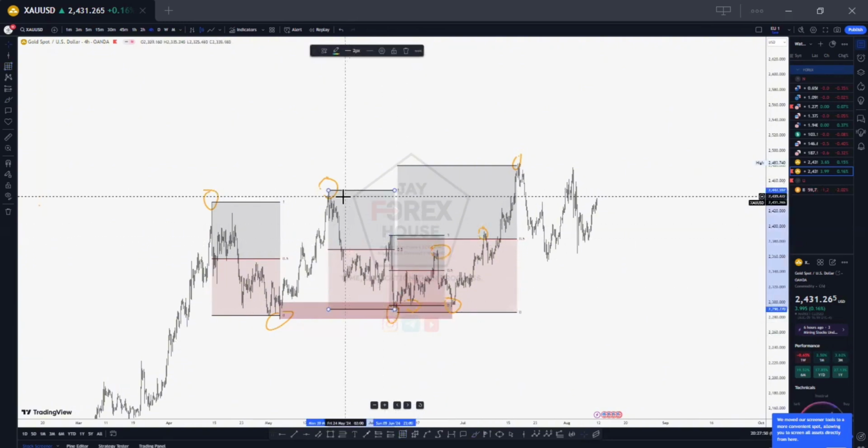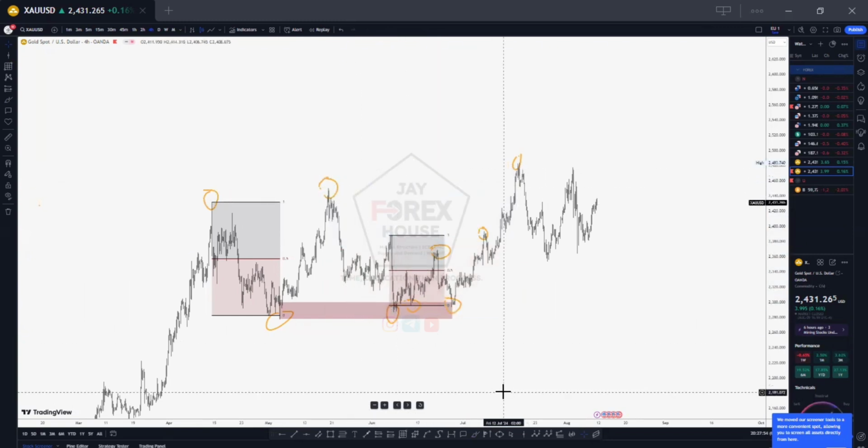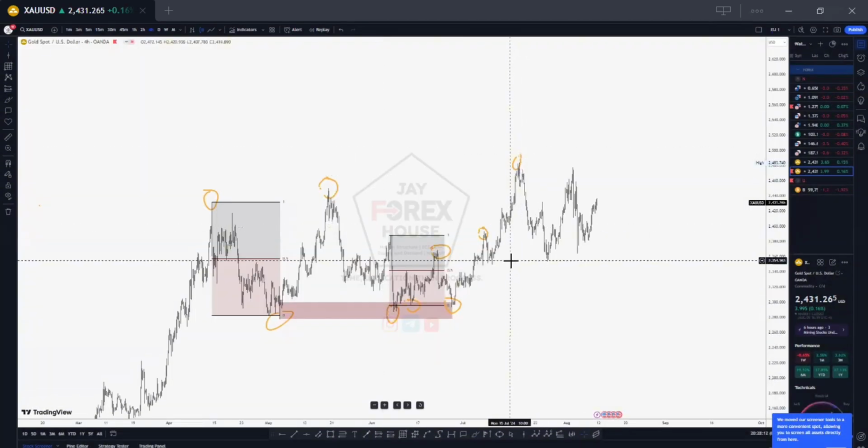Let me take this one out. So as a result of this range you have here was why price retraced from this point, because this was the premium of this particular range.